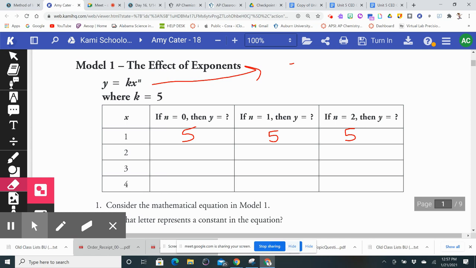Let's stick with the table before we move ahead to anything else. I do not want you moving ahead. I want you to stay right here at this table.